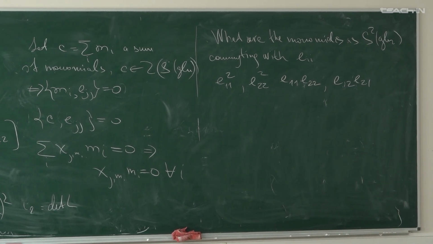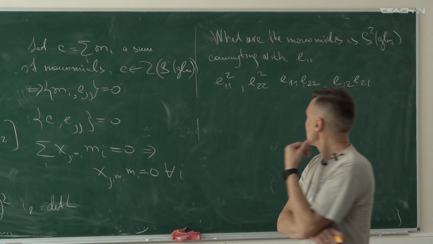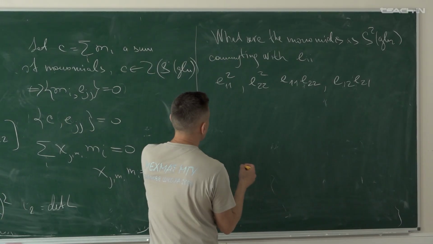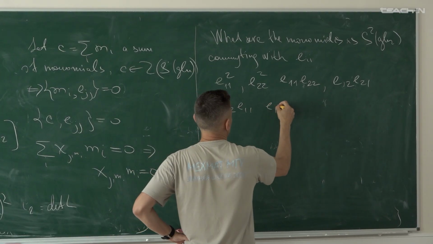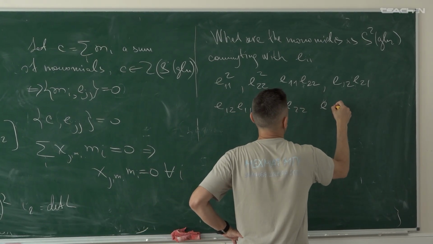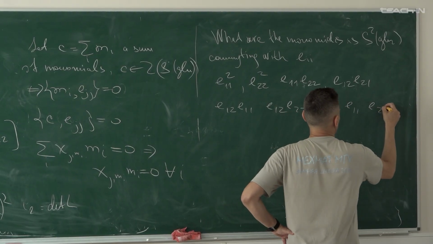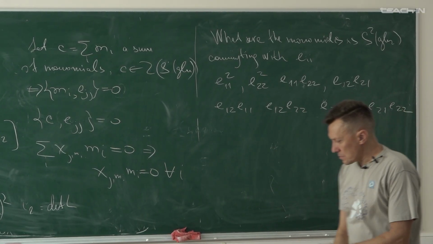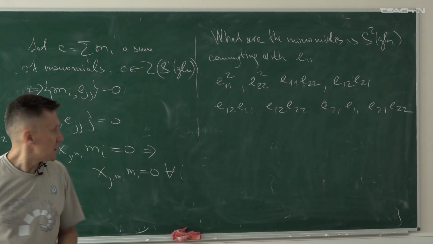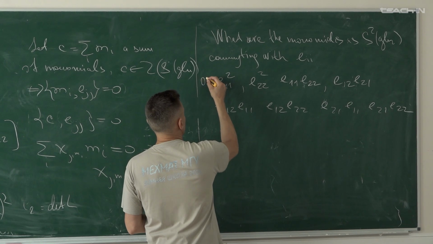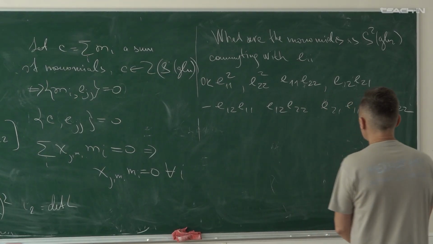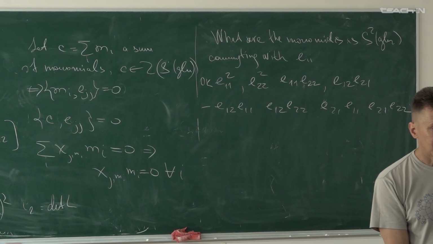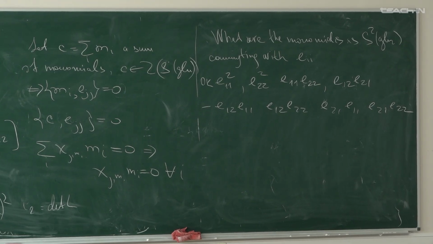I'd like to say that all odd monomials don't commute. But what are the other monomials? E_12 E_11, E_12 E_22, E_21 E_11, E_11 E_21, E_22 E_21. How can we understand this instantly? Yes, let us understand this.